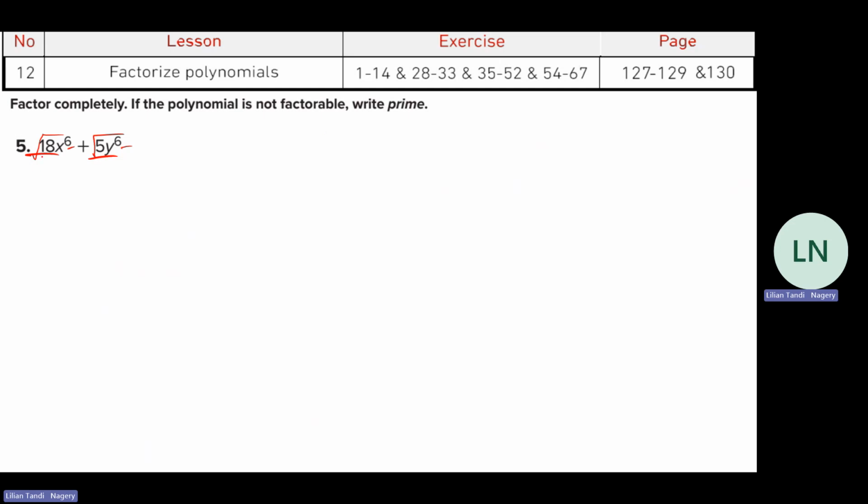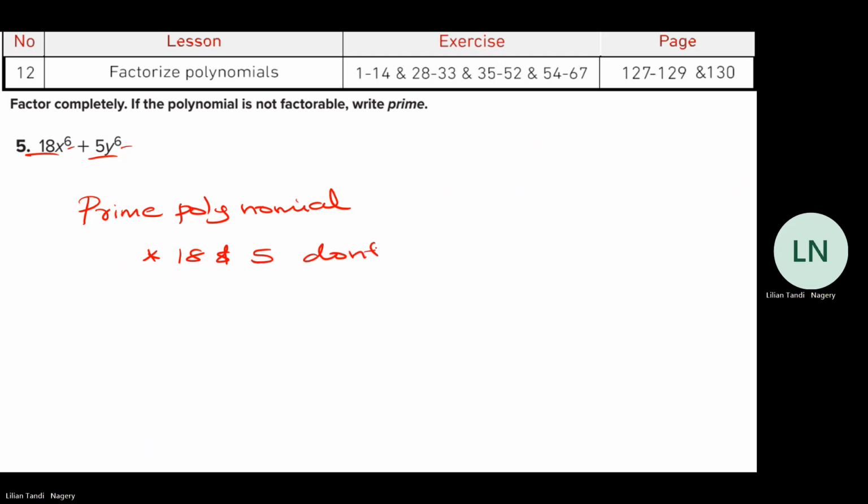Even if you do cube root, 18 is not a cube number, 5 is not a cube number. So this is prime. Prime polynomial. The reason is 18 and 5 don't have a greatest common factor apart from 1.